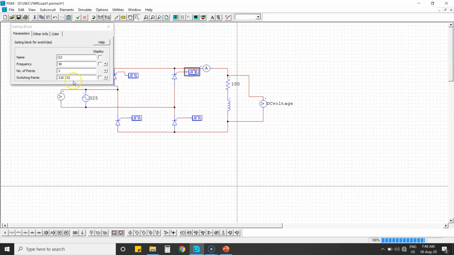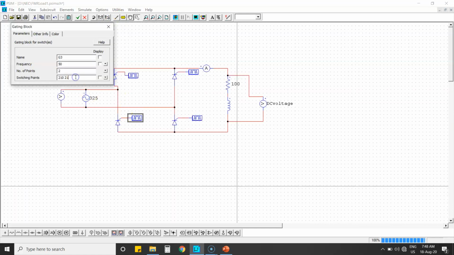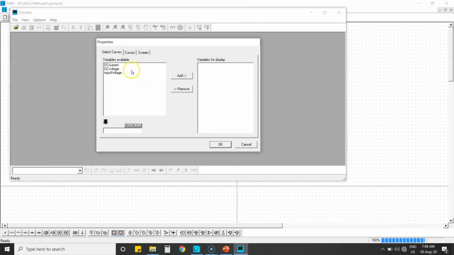Just add 180, so it will become 240 here and 245 here. Here also the same thing, 240 and 245. Now run the simulation.